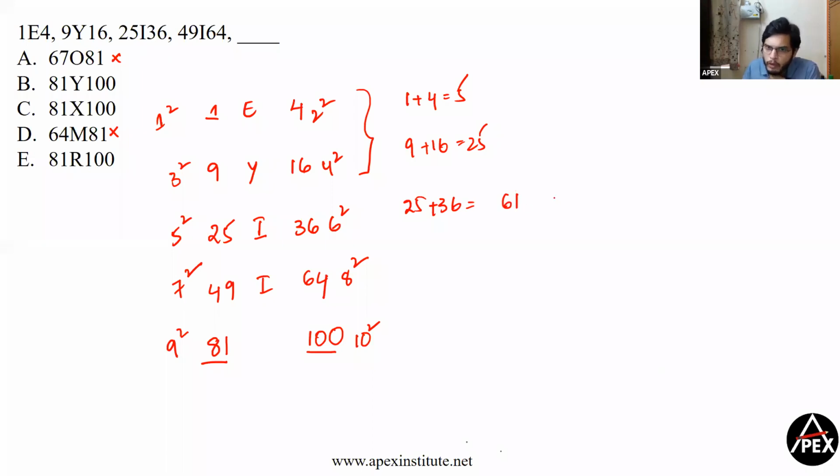So what is the remainder when 61 is divided by 26? 26 2s are 52, so the remainder is 9. And the alphabet corresponding to 9 is I. So the logic which we have assumed is correct.